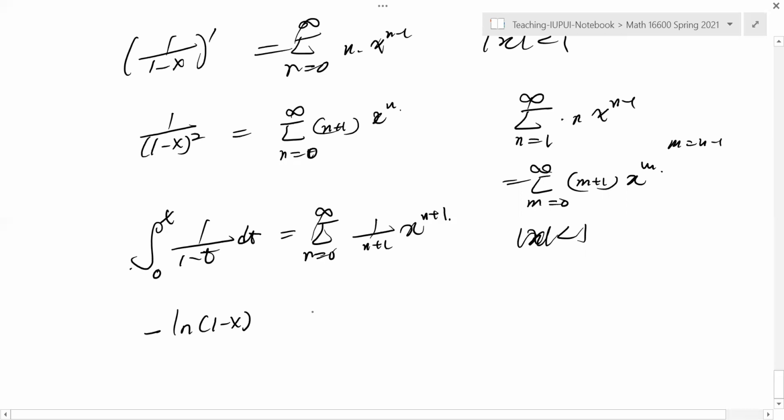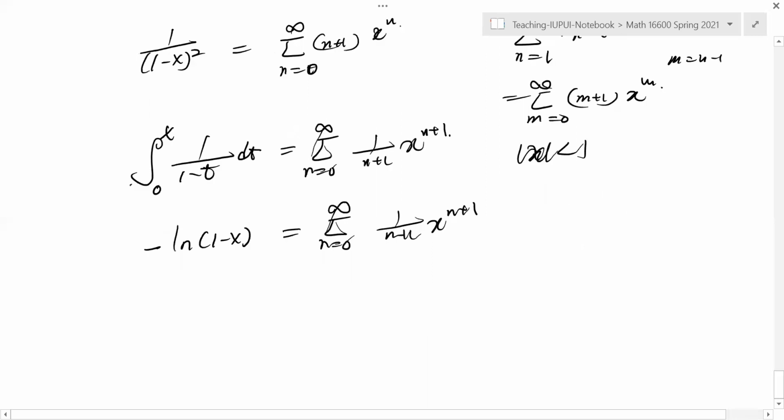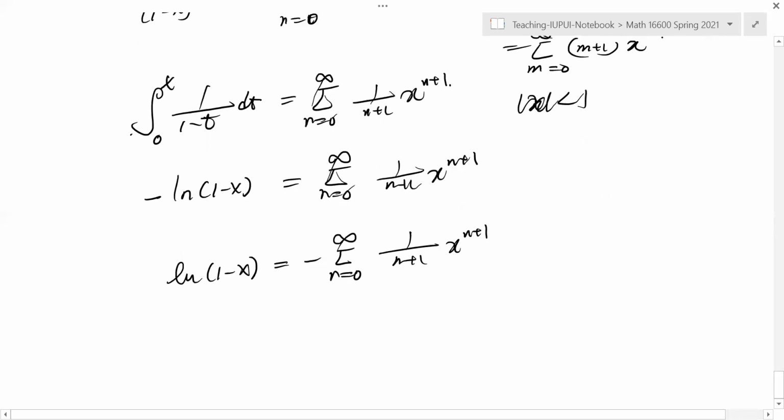So you can put the negative sign on the left-hand side, not on the right-hand side. It's interesting, right?